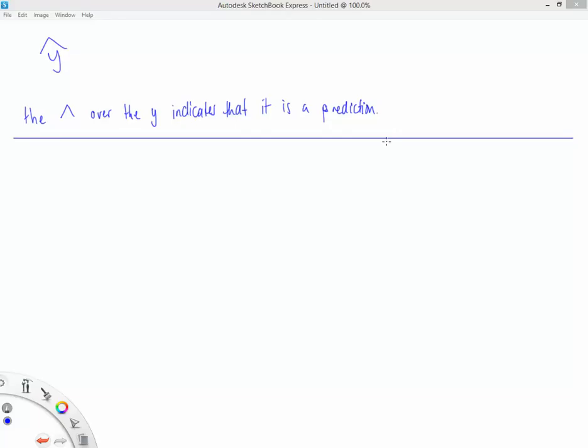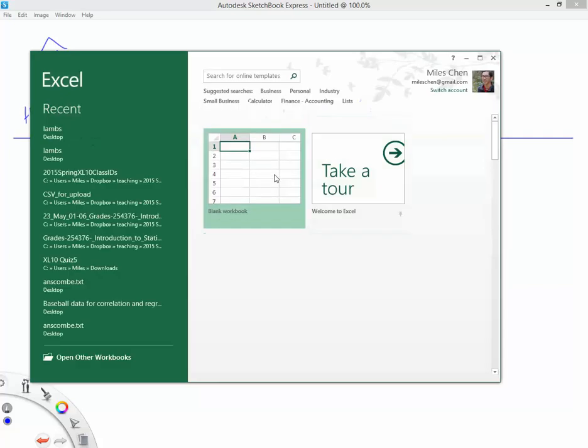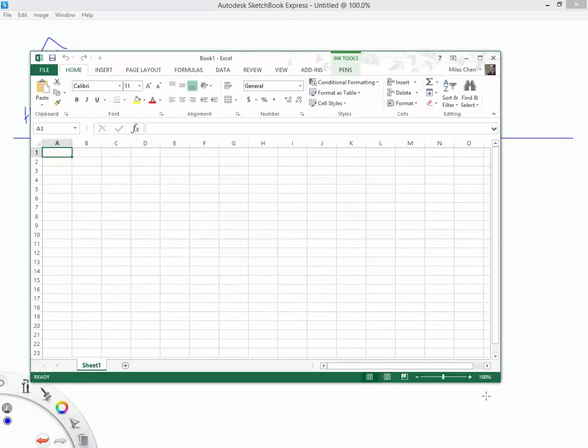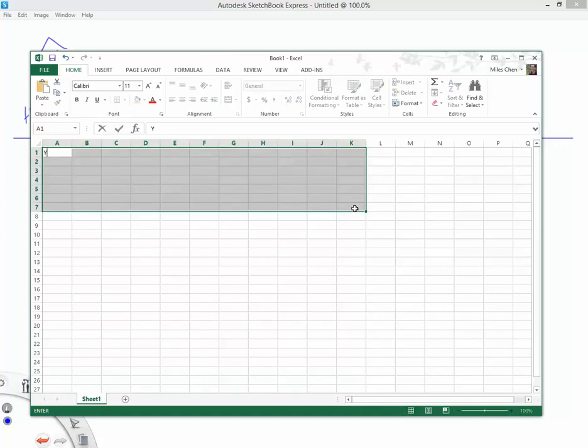Let's say we want to know, is there a relationship between your height and your mother's height? So we ask, what is your height and mother's height?